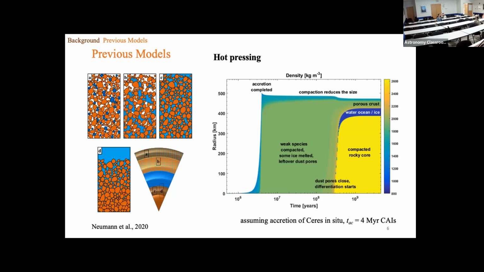And they were heated by radioactive isotopes. With this heating, ice was melted, and rock is warm and soft. In all scenarios they investigated, a fully compacted rocky core forms at the last stage, suggesting that compaction efficiently eliminates the porosity in the rocky core in the interior.